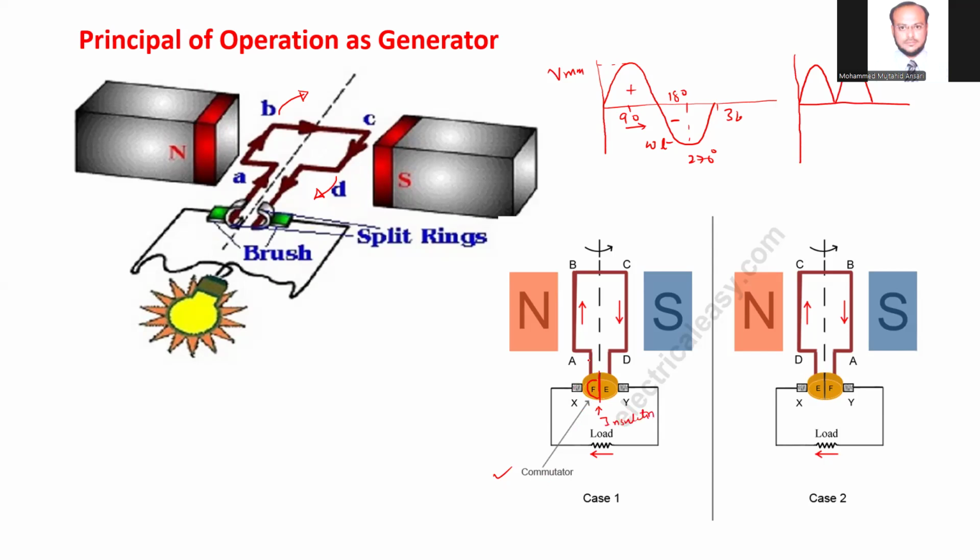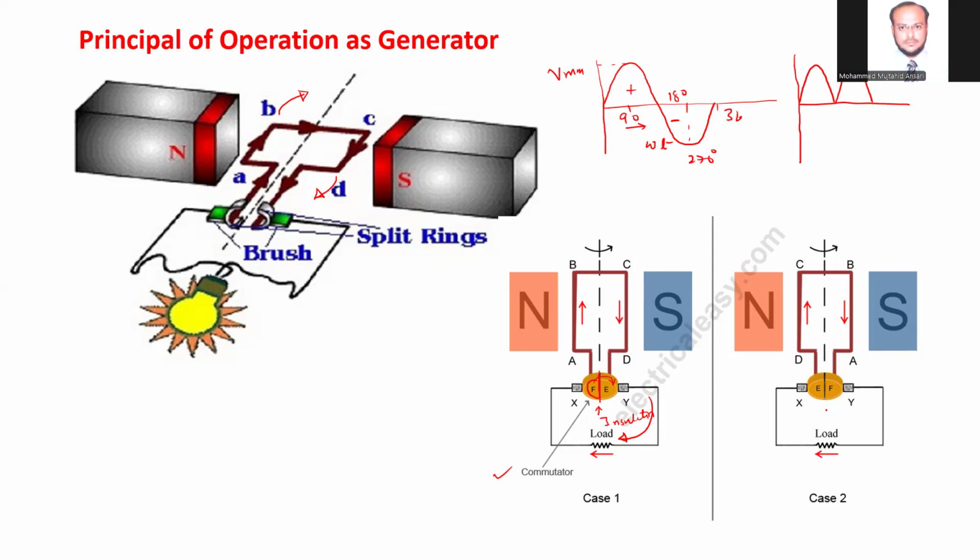So when the conductor moves in one direction, the current is going to flow, say, in this direction. After half a cycle or half rotation, E comes over here and F goes to this side, say in this diagram. So what happened?